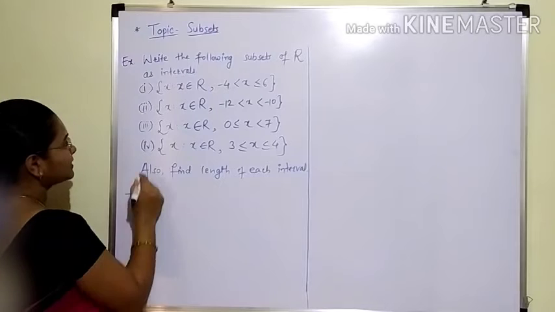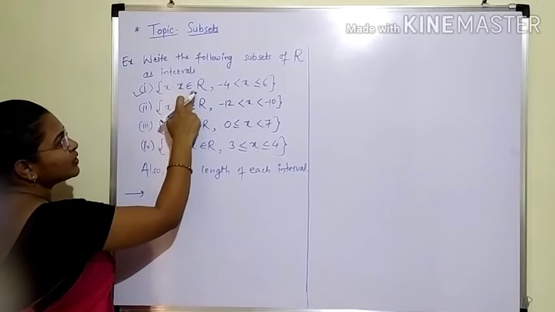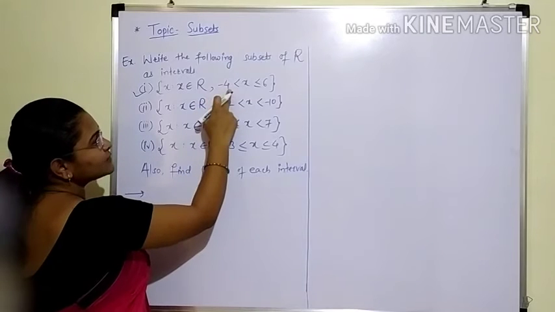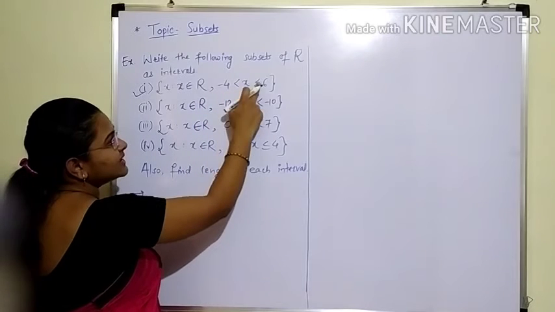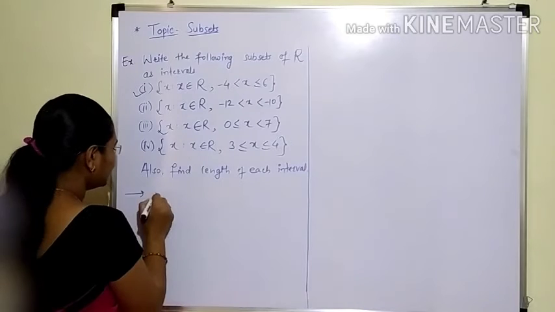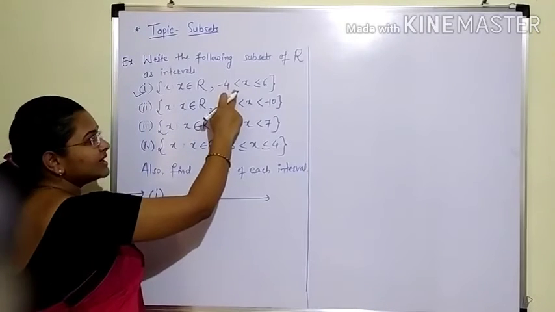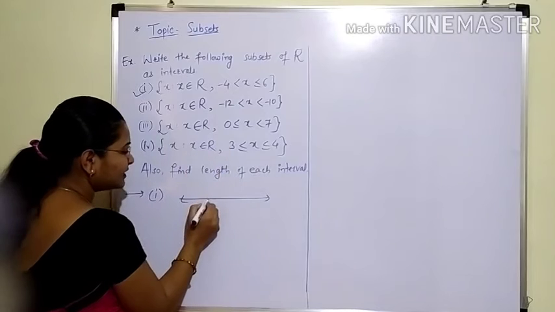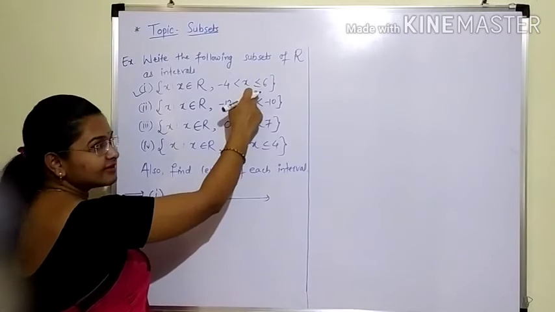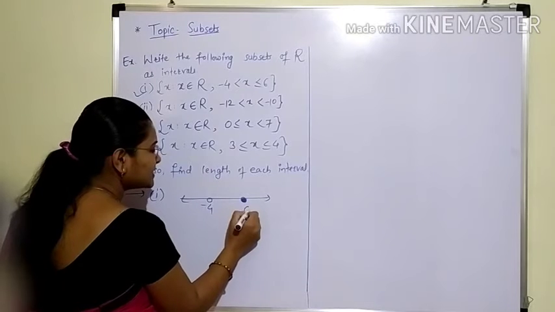First one, set of x where x belongs to the set of real numbers such that -4 strictly less than x less equal to 6. Yesterday we have already learned that when strictly less than is there, that time we will not include that point, and when less equal is there, that time we will include this point, that is 6.